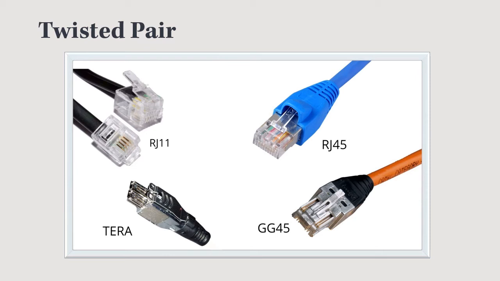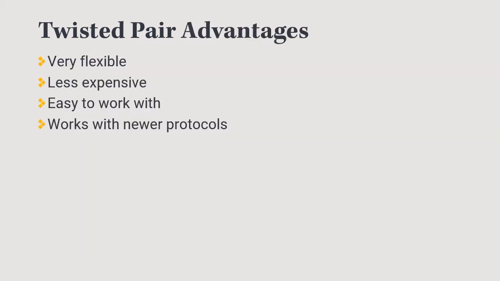It's kind of hard to see in this picture, but the GG45 connector actually moves the pairs out to the corners. It moves the wires further away from each other so that those pins aren't so close, and we can push more signal through in the same amount of time. But again, the ones that you're mostly going to be responsible for knowing are the RJ11, which is our typical telephone wire, and the RJ45, which would be our standard networking cable.